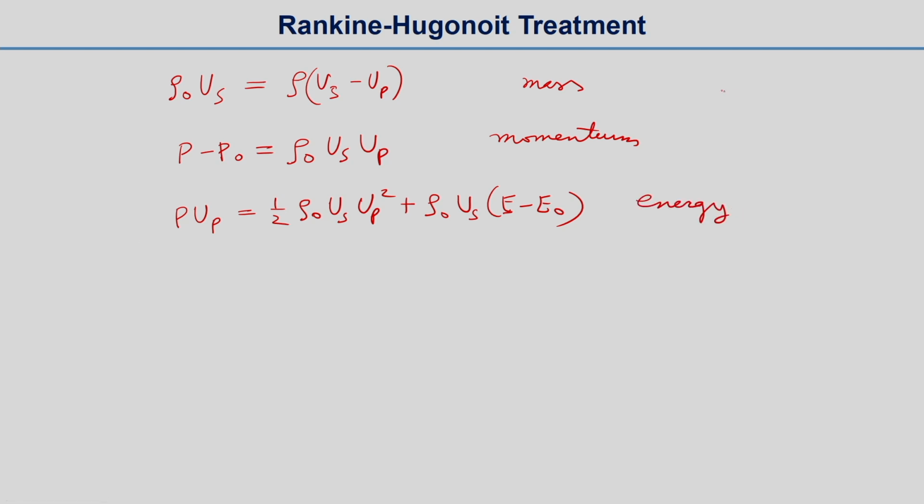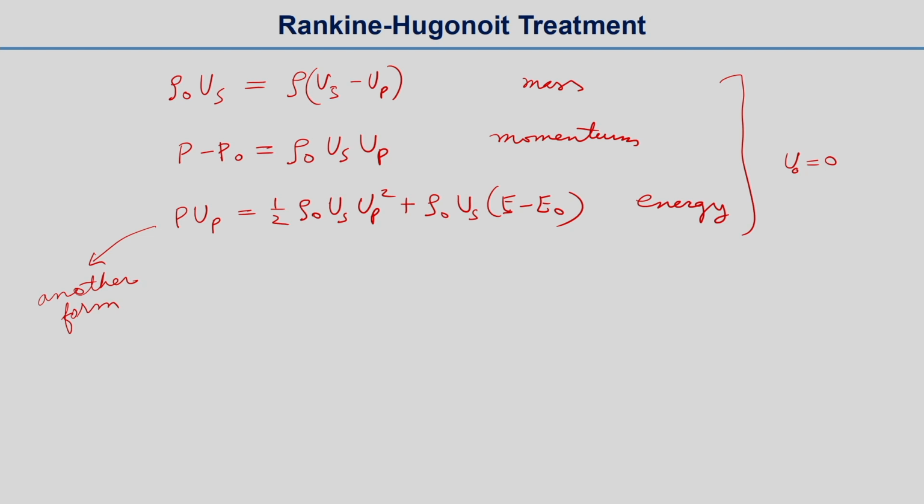All of these are for the head of the shock front, where the particles are stationary, so the particle velocity is zero. Although we have written this conservation of energy in this form, there is another, more popular form, so we will work on that and derive it as well.